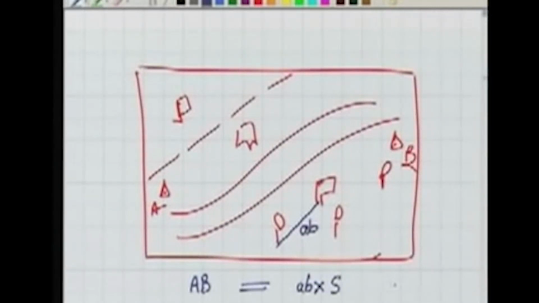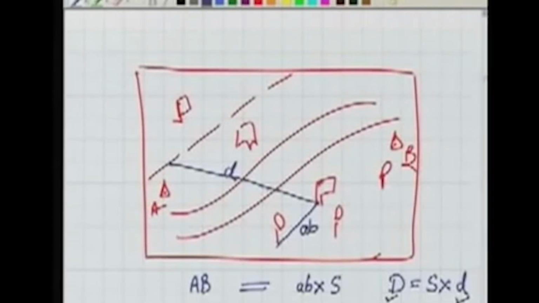A distance measured in the field should be the same as the scale multiplied by the distance measured between corresponding points on the map. Similarly, because I had measured the distance between this house and a telephone pole, let us say capital D was the distance on the ground, and the small d is the distance here in the map. So ideally this should be so.